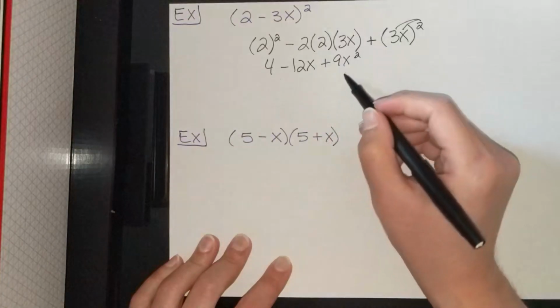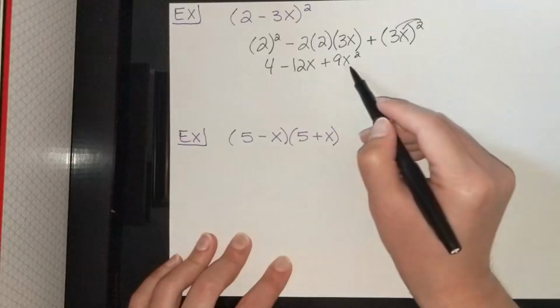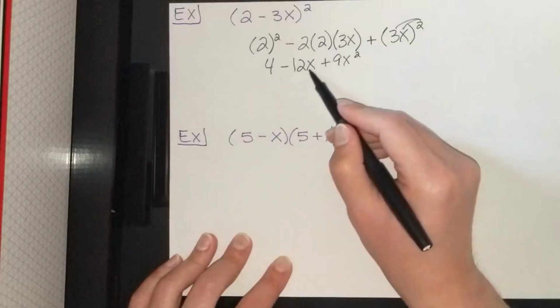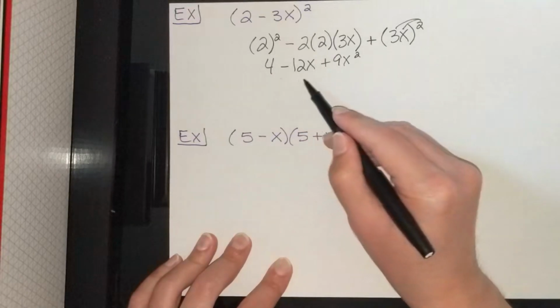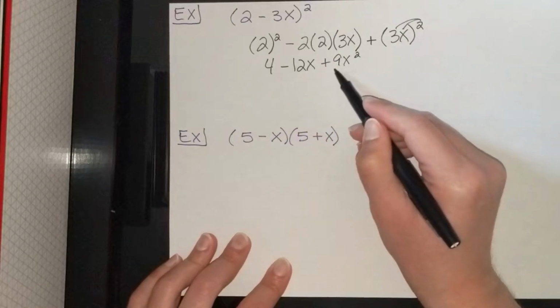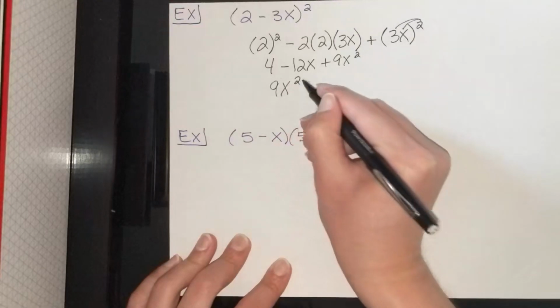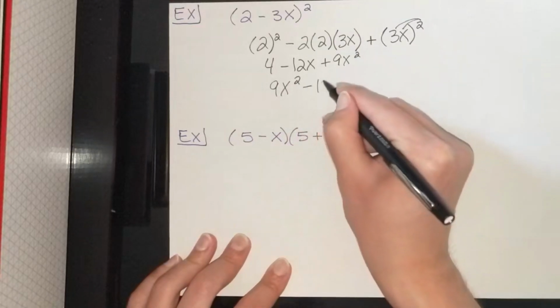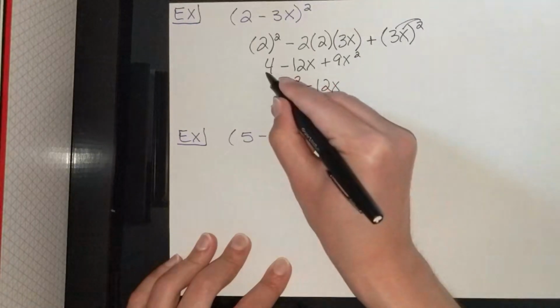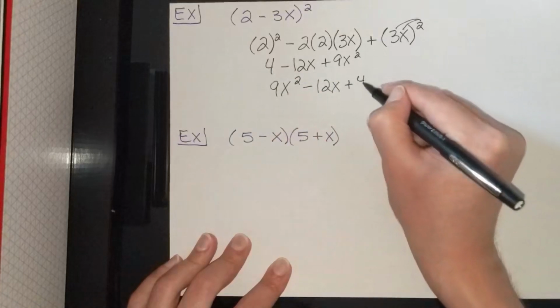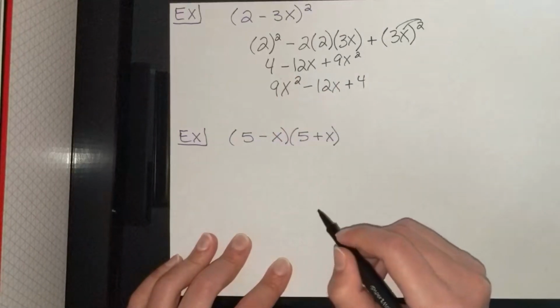And before we circle this, just remember that whenever you're dealing with basic polynomials of just one variable, you always want to order by exponent. So we should rewrite this as 9x squared minus 12x plus 4, since that's a positive 4.